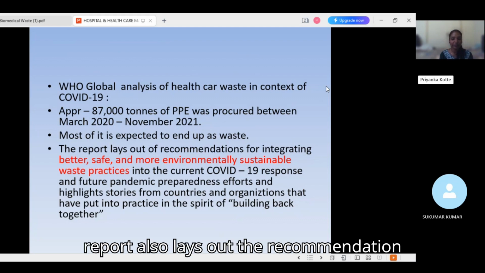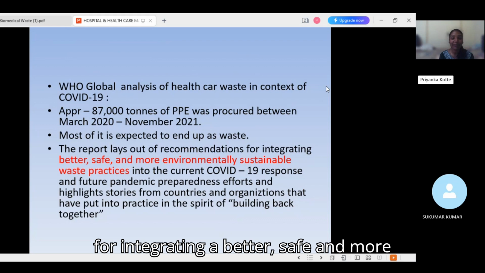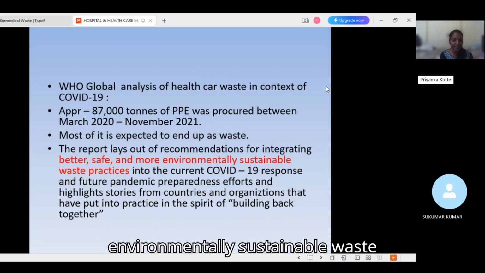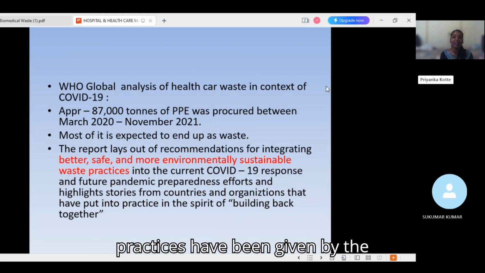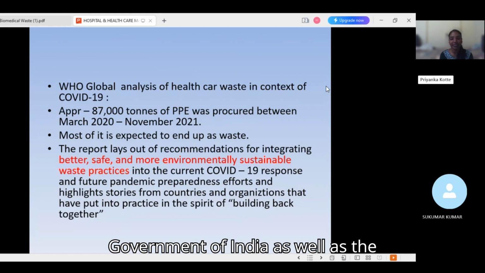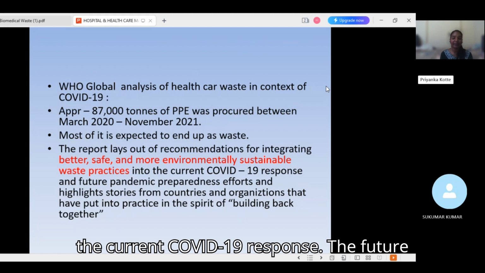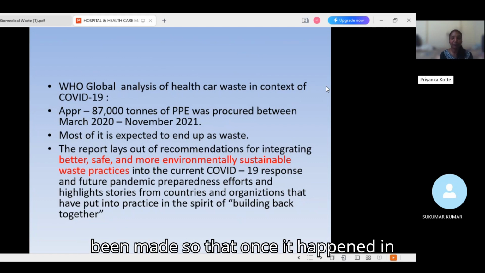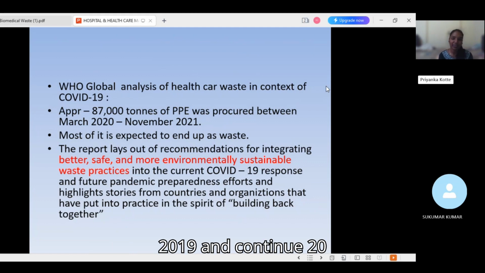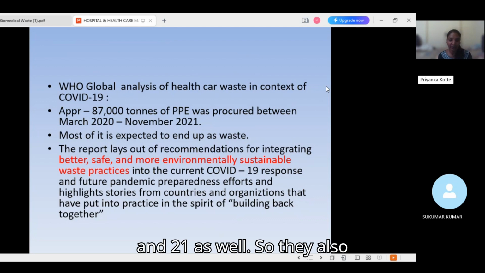The report also lays out recommendations for integrating better, safer and more environmentally sustainable waste practices, which have been given by the government of India as well as the biomedical waste management system, into the current COVID-19 response. Future pandemic preparedness efforts have also been made. So it happened during 2019 and continued in 2020 and 2021 as well.